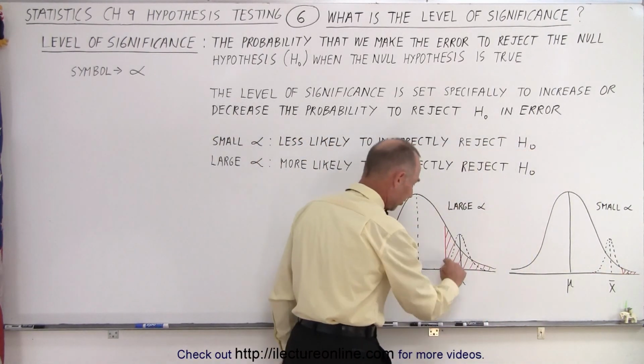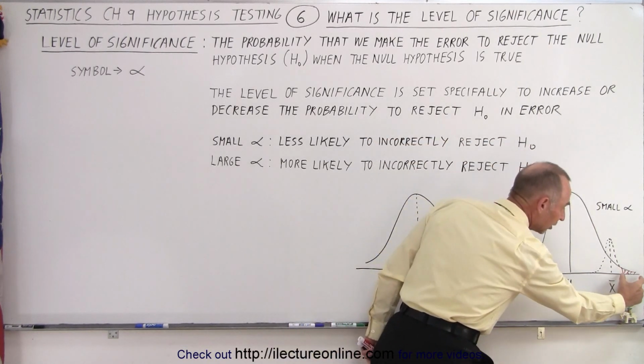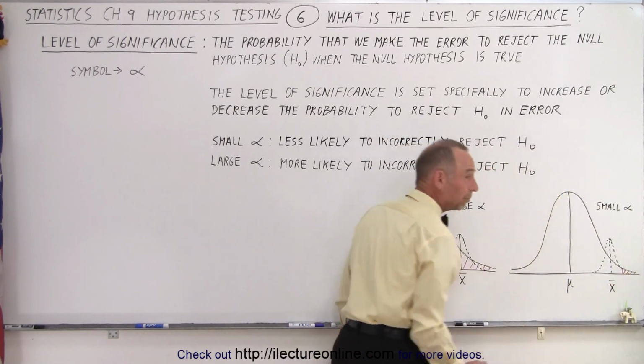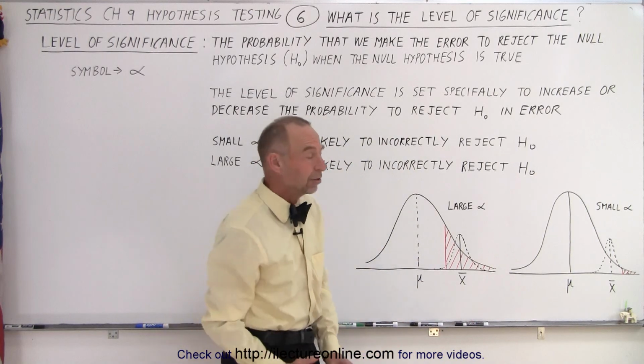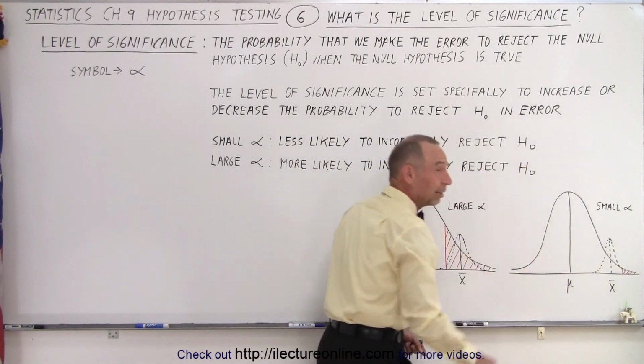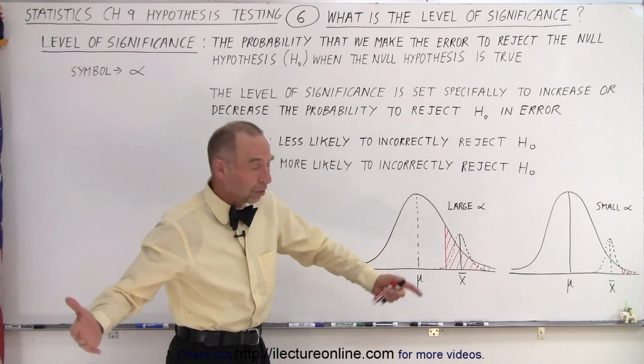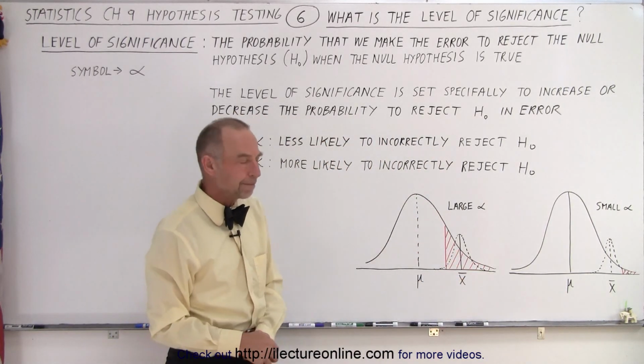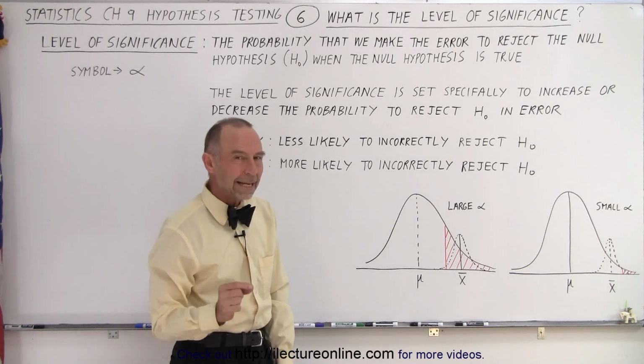Now notice that the very same sample will not fall in this region right here. So therefore, we're not going to reject the null hypothesis, and therefore we expect, since it didn't fall in that region, that the null hypothesis is correct, it's true, and therefore we didn't make the mistake. So we're less likely to make a mistake.